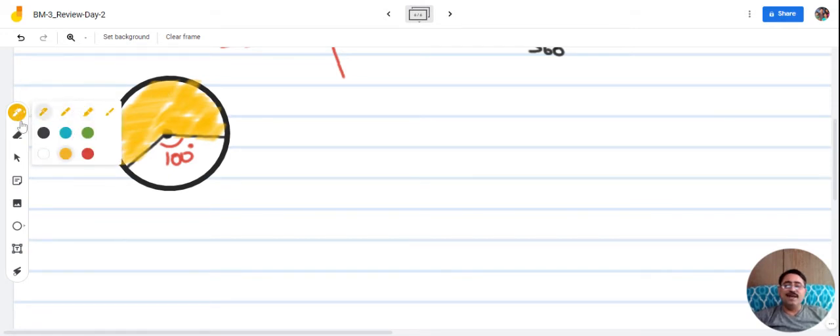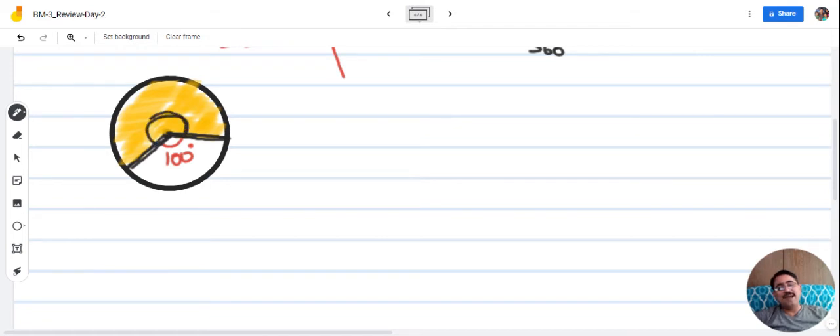Please notice that the central angle is not 100 degrees anymore, because when you're asked to find the area of the shaded portion, you should take the other one as the central angle, not 100 degrees.